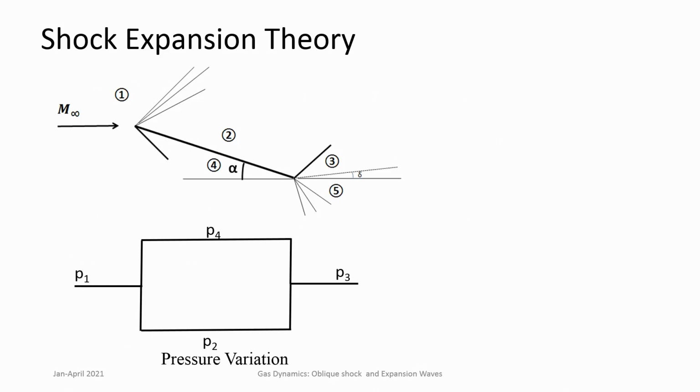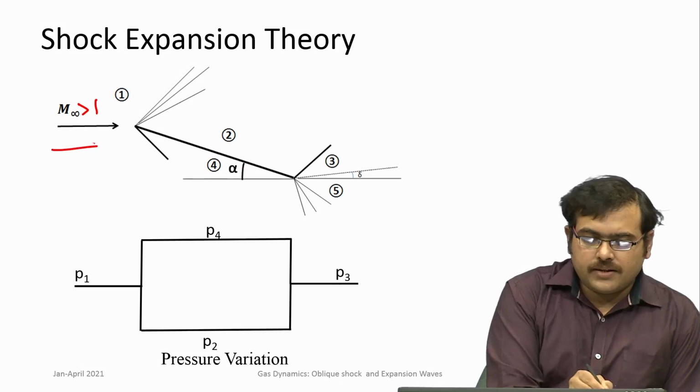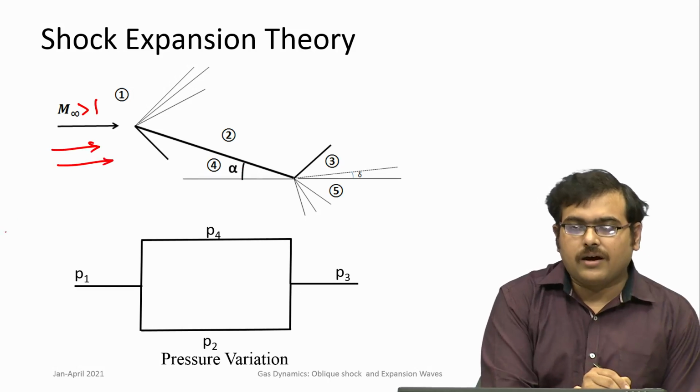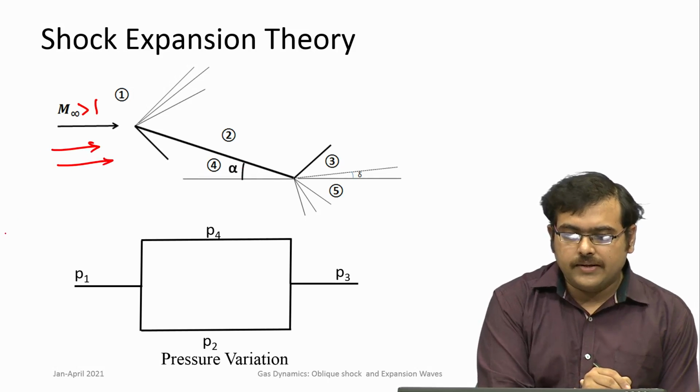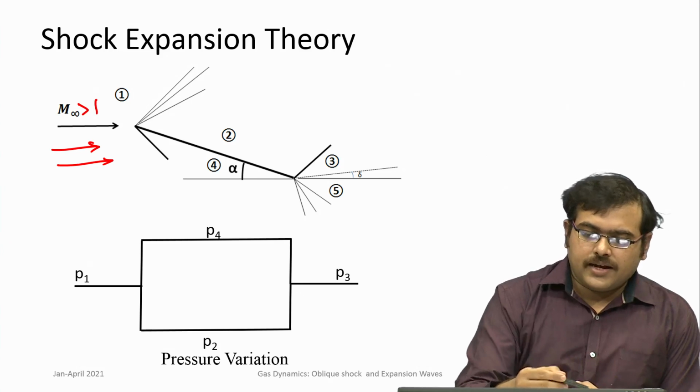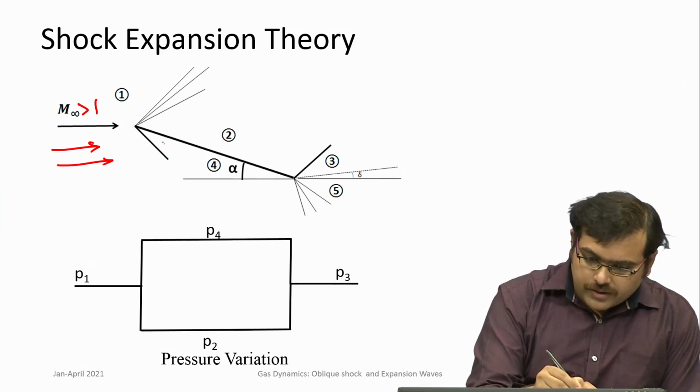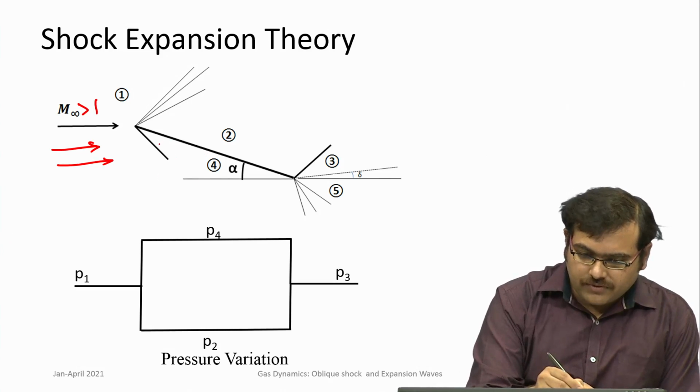So, a simple example: if you take a flat plate and put it in a supersonic flow, so M infinity here is greater than 1, and at an angle of attack alpha, then for all the streams that are coming on the lower half of this flat plate, this body is actually turning the flow towards the flow.